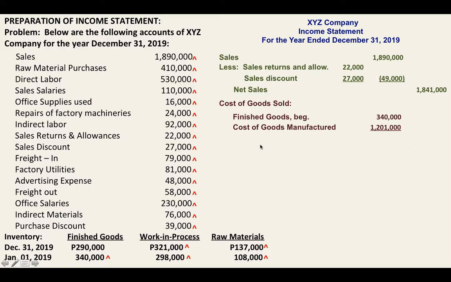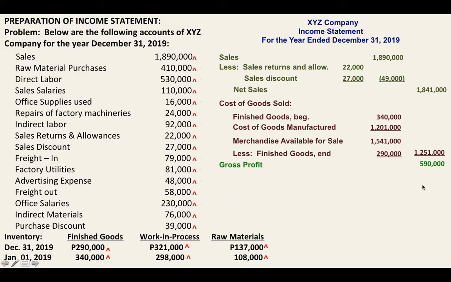And this will give you your merchandise available for sale. Then we deduct the finished goods, 290,000, and that will be your cost of goods sold. Net sales less cost of goods sold will give you your gross profit.